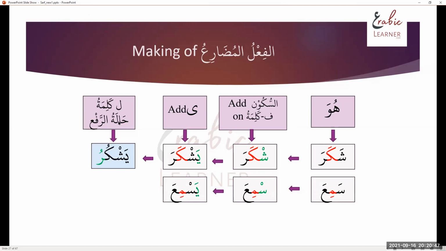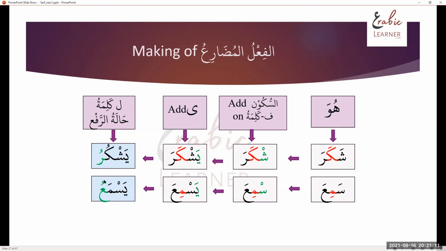So this became yasmi'a, and then you will make it into dhamma. So it became yasma'u. Okay, now here again, ain kalima changed from kasra to fatha. Why it changed? You will know it later.